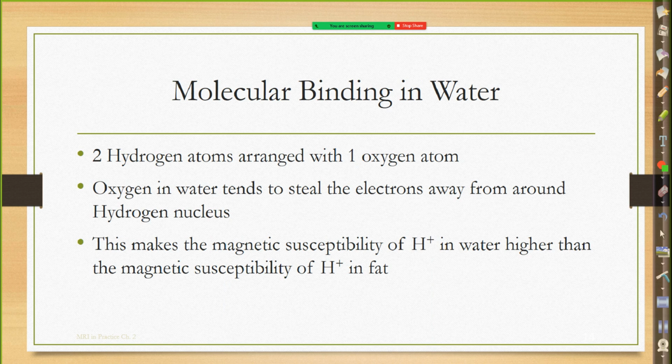But let's talk about water. So we have 2 hydrogen arranged with one oxygen atom with water, H2O. In this case, oxygen tends to steal those electrons away from that hydrogen nucleus, because how many outer electrons are in oxygen?